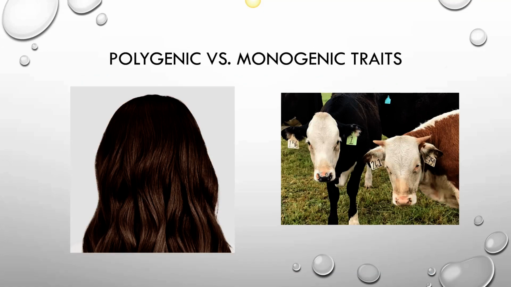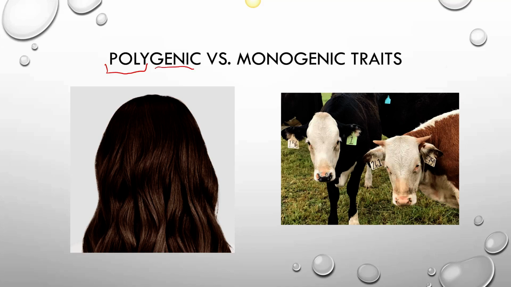When we study genetics, we're looking at traits, and those traits can be inherited by many genes or by just one gene. So polygenic versus monogenic traits. A polygenic trait, if we break down the word, poly means many, genic is talking about genes.